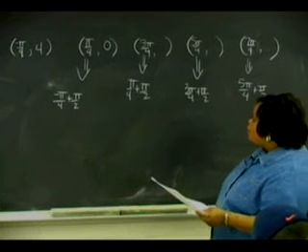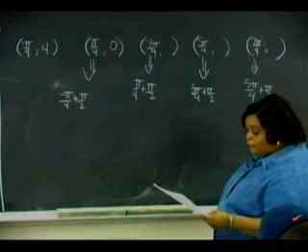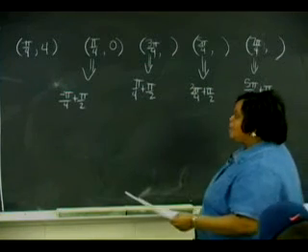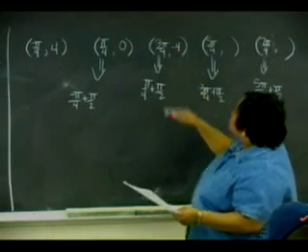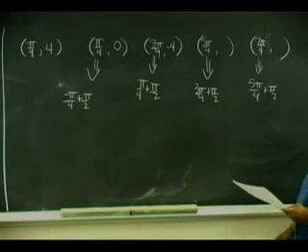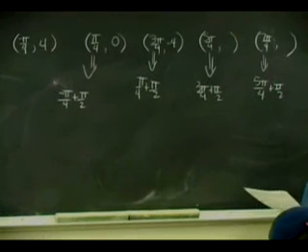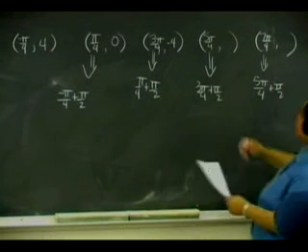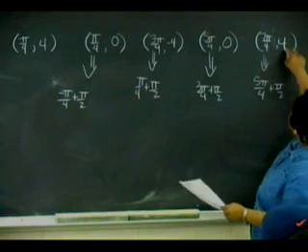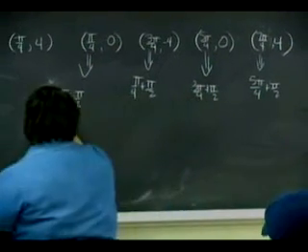3 pi over 4 plus pi over 4 is 4 pi over 4, which is pi. Cosine pi is negative 1, makes negative 4. 5 pi over 4 plus pi over 4 is 6 pi over 4, which is what? 3 pi over 2. Cosine 3 pi over 2 is 0. And this last one is going to be what? Our amplitude of 4. So what does my graph look like?